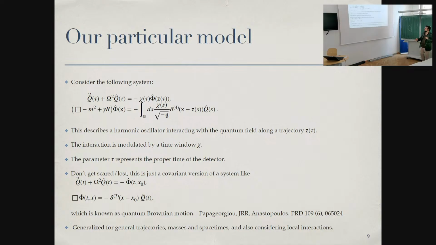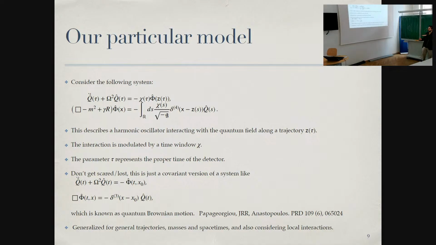So, of course, in order for this to be an interaction, unitary, or whatever you want to call it, I also have to have that the Klein-Gordon equation has this extra non-homogeneous term that depends on the detector. So this describes the interaction of the harmonic oscillator with the quantum field. Don't get scared by this expression.